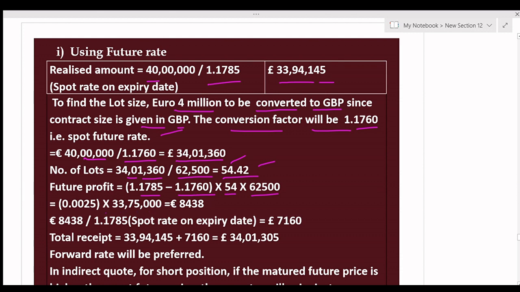That is equal to 0.0025 multiplied with 33,75,000, which is equal to 8,438 euro. To convert this euro, 8,438 divided by 1.1785, that is the spot rate on expiry date, is equal to 7,160 pounds.